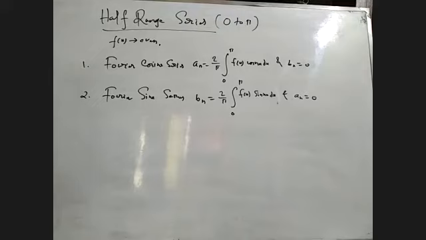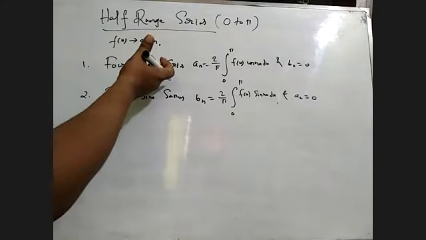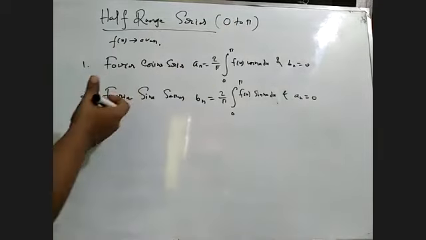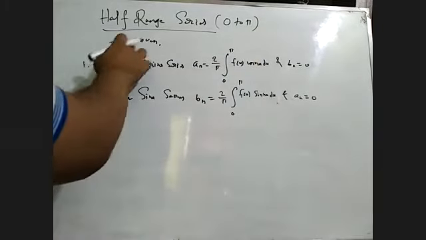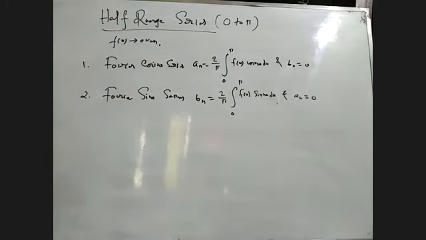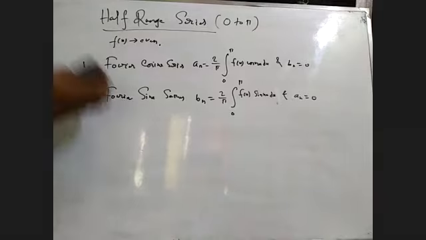That means half range series means in case of Fourier cosine series, we have to apply this, and in case of Fourier sine series, we have to apply bn equals to this. Okay, but remember that f of x will be even. So now we'll try an example in that case. And this is example 3. Represent the following function.